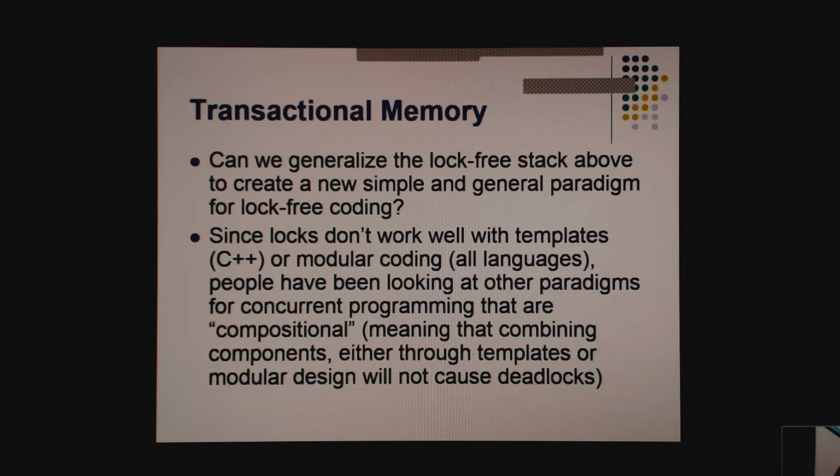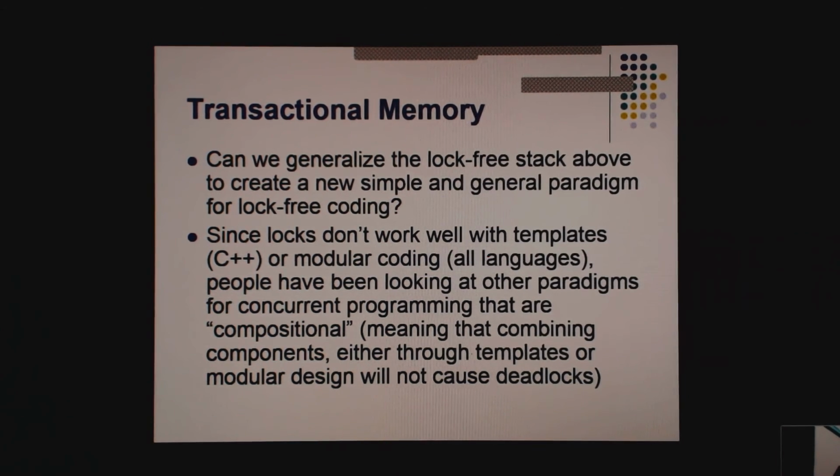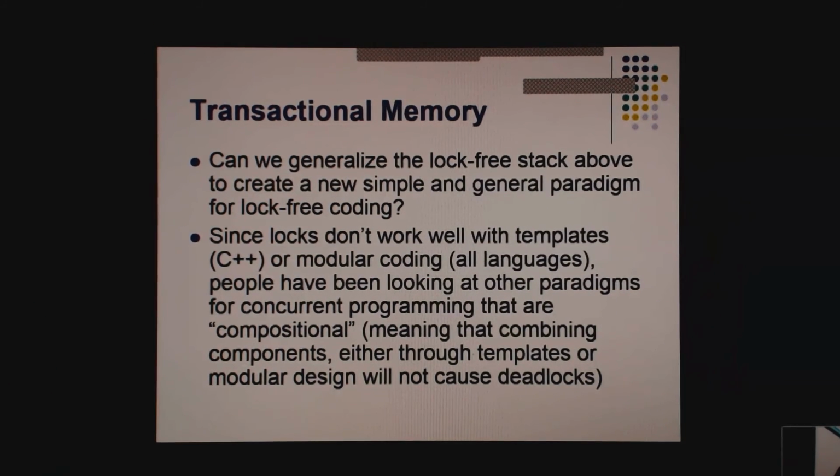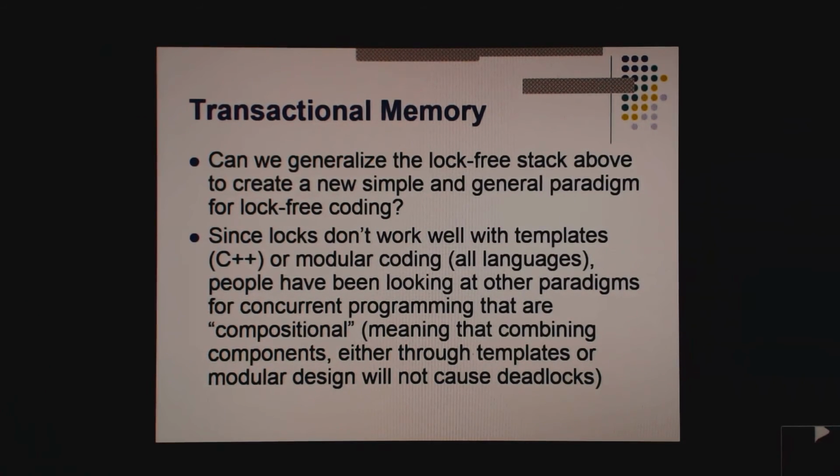So the whole idea of writing large programs is if the pieces are correct, the program is correct. Well, that's not true with locking. So you effectively can't do component-based programming and be confident of not having deadlocks.